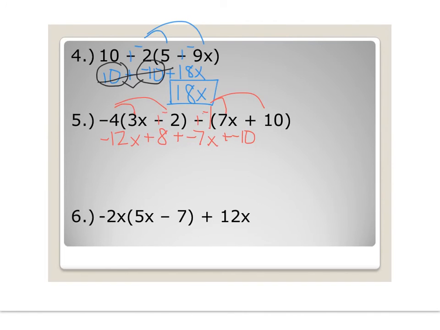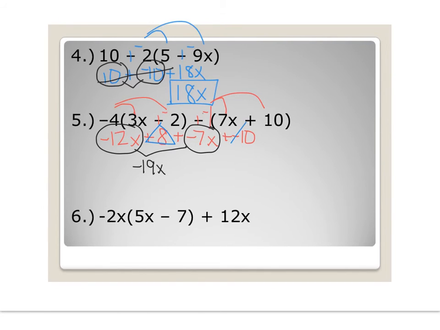So we've distributed everything on that one. Now again, look for like terms, things that have the same last name. And again, because we're combining, we are adding them. So negative 12 plus 7 is a negative 19x.